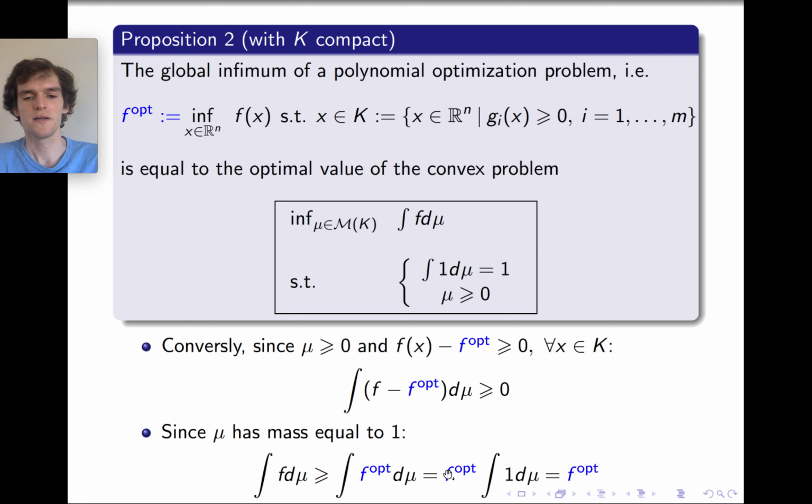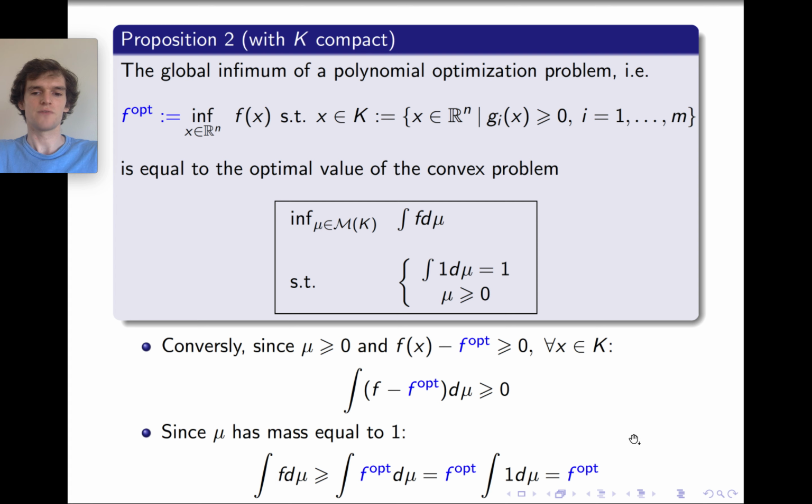And then here we can just factorize. Now this is the mass, and the mass is equal to 1, so we just get f opt. And so what we find is that for any feasible measure for the convex problem, the objective has to be greater than or equal to f opt.